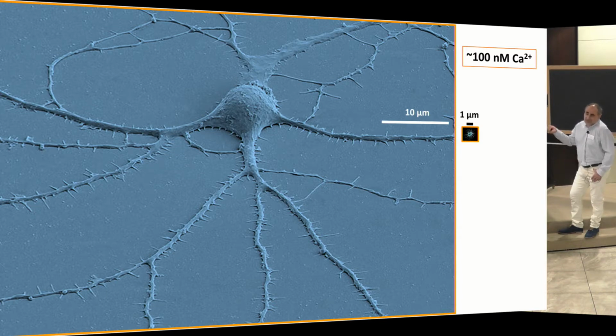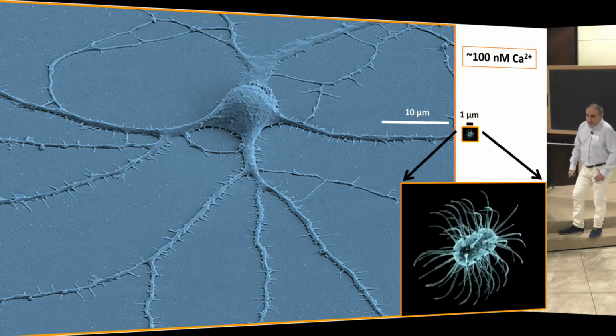Look at its size. This is not the real size, because a neuron can be bigger than 10 microns, while a bacteria is about 1 micron. So a bacteria is at the size of one dendritic spine, let's say. This is the real scale. But if we enlarge the bacteria, it looks like this.